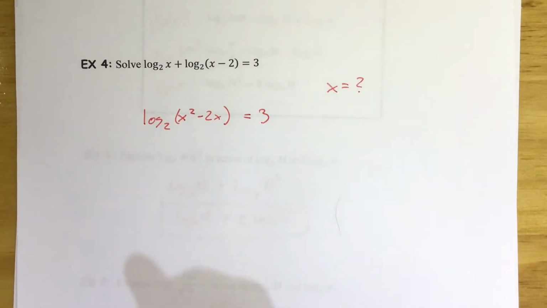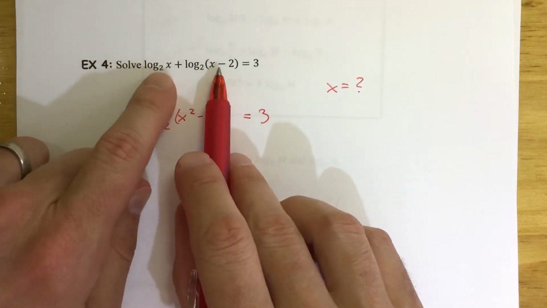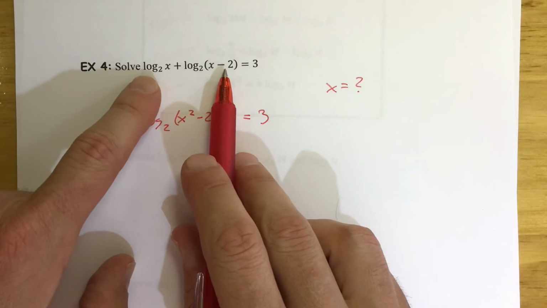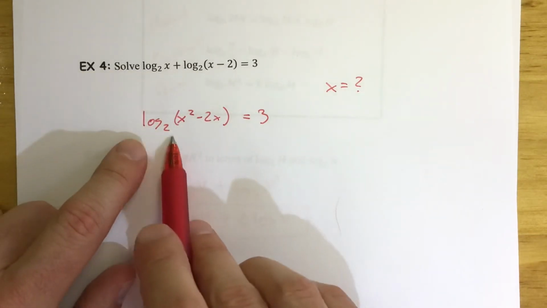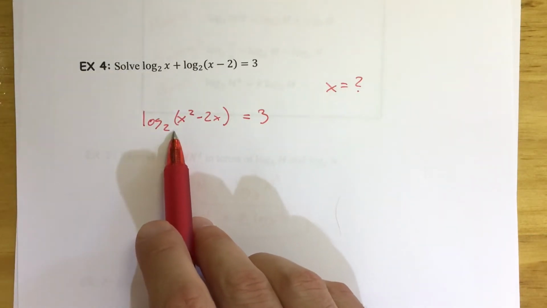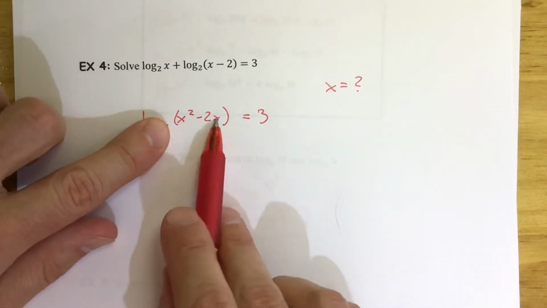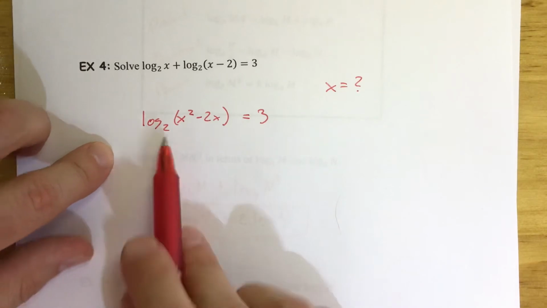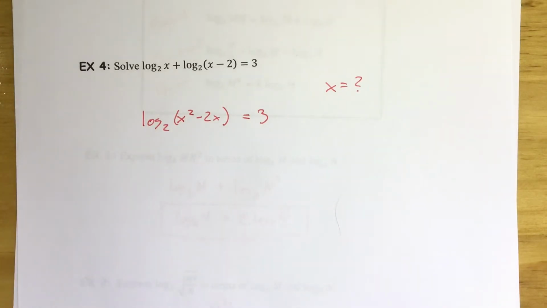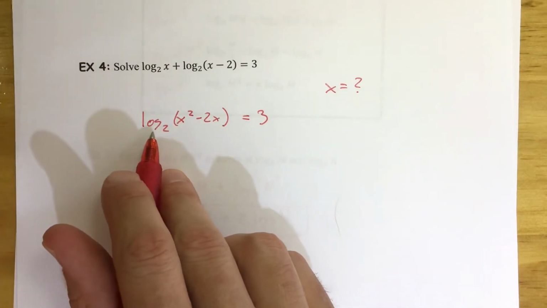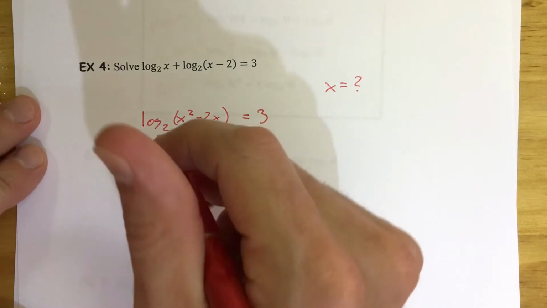As a little side note, because I've done this many times, just as a caution: once you multiply those 2 things, you can't just drop out the logarithm. What we're doing is combining the logarithms, so we still have a log base 2, and that is important for the rest of the problem. Next, you can't just set that equal to 3, because this is all within the logarithm. What we're going to do is go back to the definition of logarithms and change this into an exponential, because we don't know how to actually do things with logarithms.